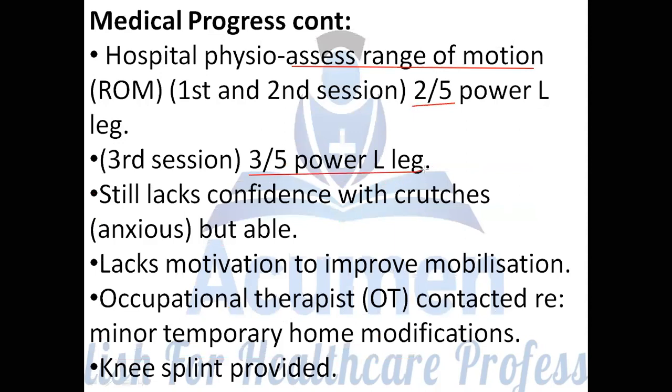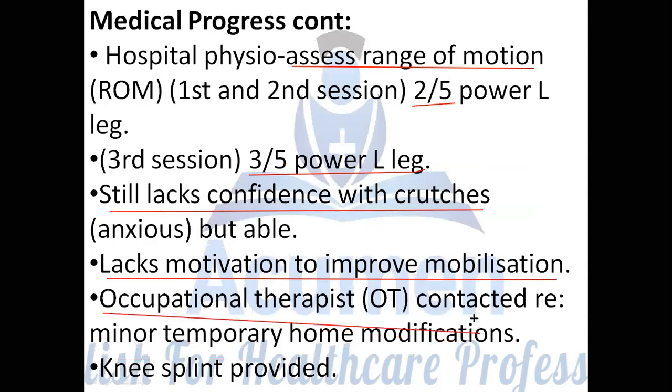Okay, so the actual power in the hand, in the leg should be 5, but this patient has only 3 power in the left leg. And the left leg is only affected, so obviously it is about that. He's still not using crutches properly. He still lacks motivation. Okay. We have given reference to occupational therapist for modification, and we have provided a knee splint.